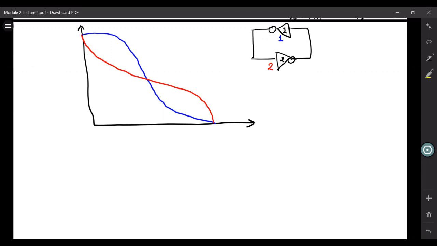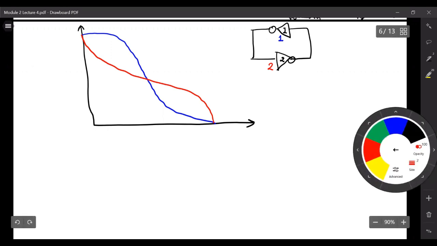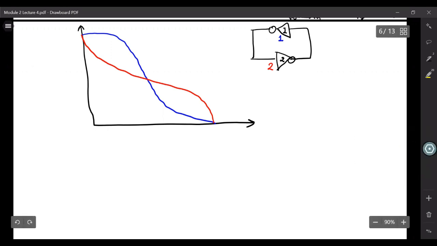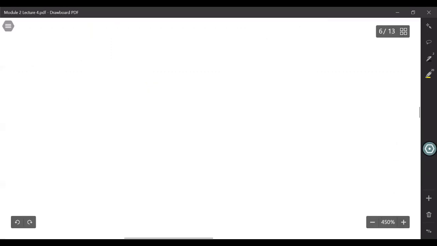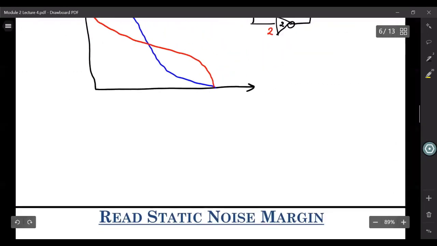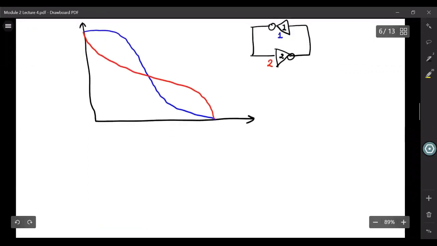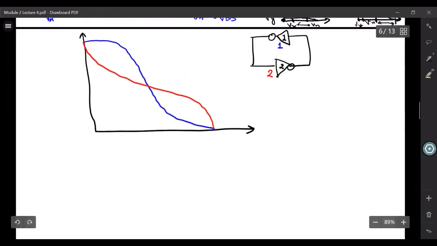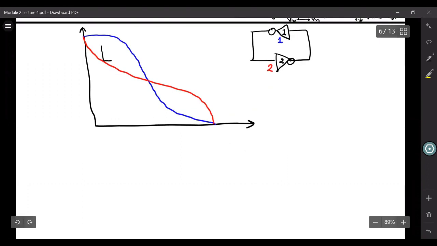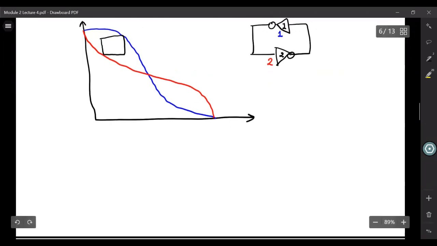Here we have drawn the VTC of 1 in blue and 2 in red. Then people try to fit a square with maximum side inside this lobe, or find the maximum size of its diagonal, because any square whose diagonal is maximum will have the maximum sides.